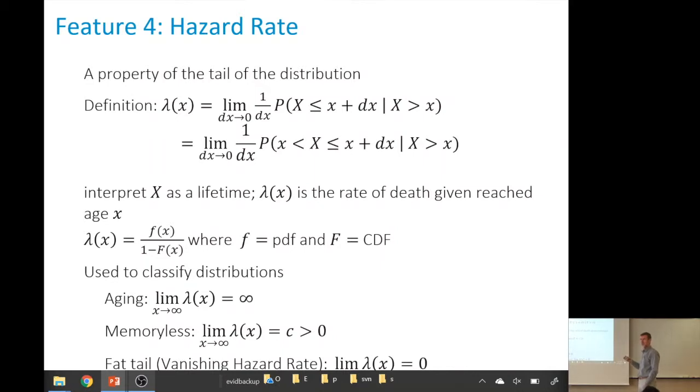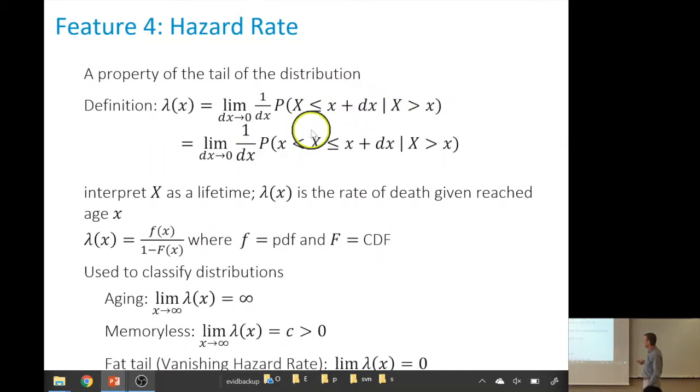So after x units of time, the thing is still living. And here we are saying, what is the probability, given that you're alive at time x, that your lifetime will be not more than x plus dx. That means that you will die in the next dx nanoseconds. Right? So that's the rate of death, called the hazard rate. It depends on x.